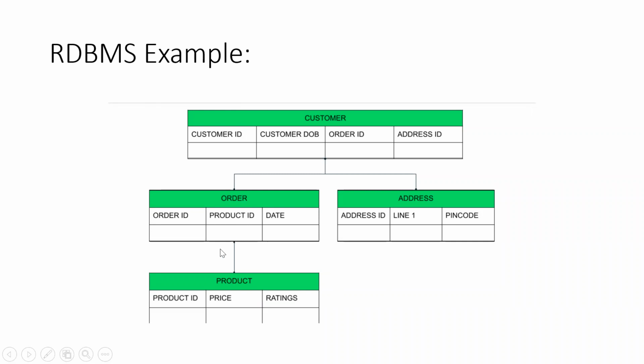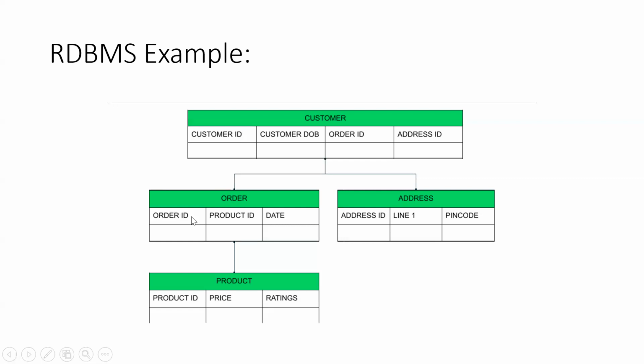Then the product ID can be repetitive in this table. So product ID is not a unique identifier in this table, though it was a unique identifier in the product table. But we need to set a relationship between these two tables, so product ID works as a foreign key. Over here it's a primary key, and over here it's a foreign key.